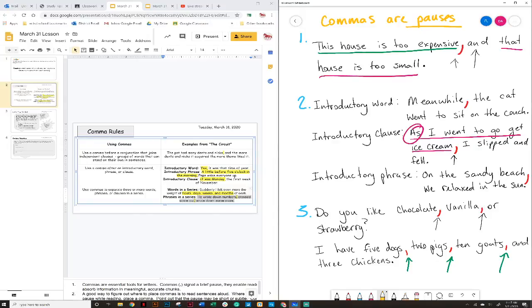For example, from the first comma rule, this house is too expensive, and that house is too small. Notice how I gave a natural pause to where the comma is.